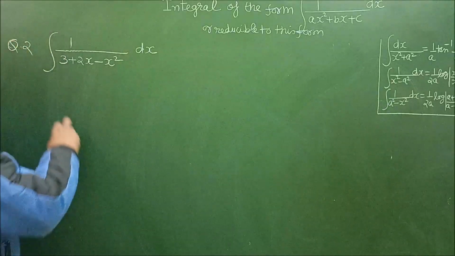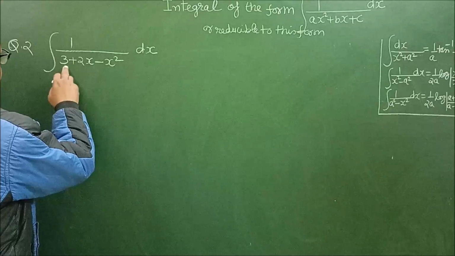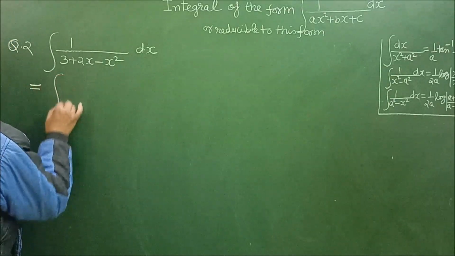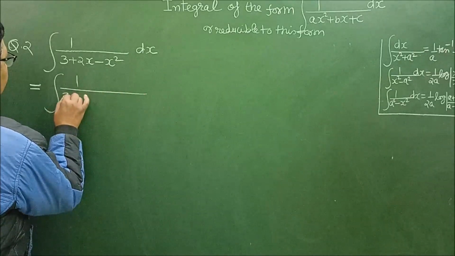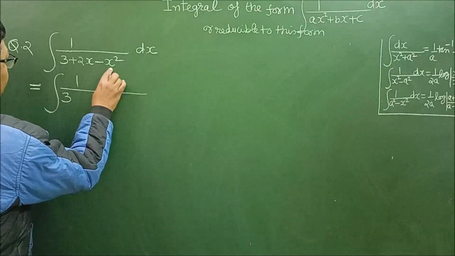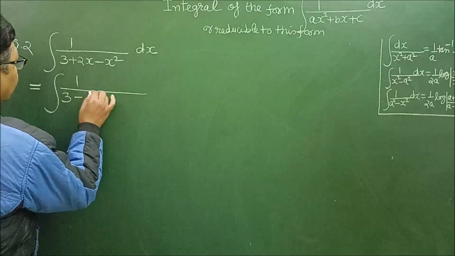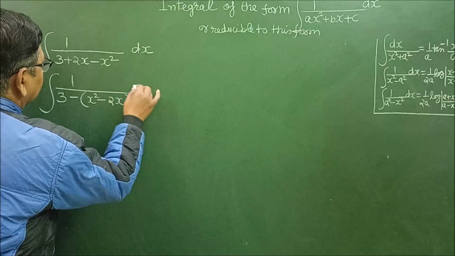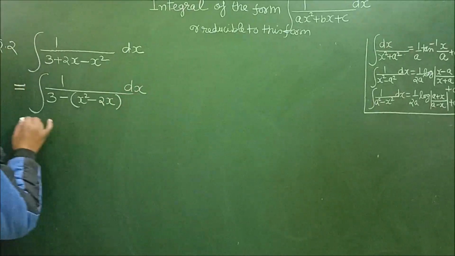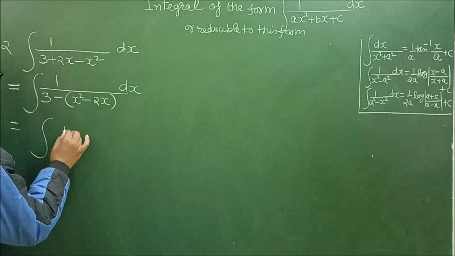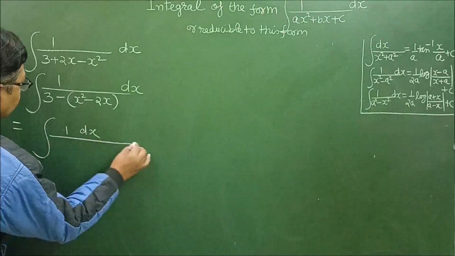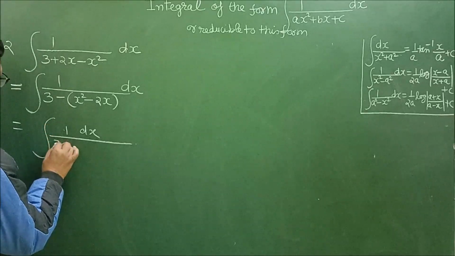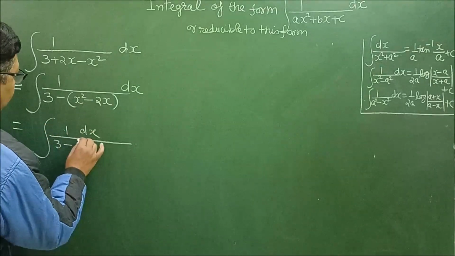Next question, integral of 1 upon 3 plus 2x minus x square dx. Now this is equal to 1 upon 3, and to make the x square term positive, take minus sign common, x square minus 2x, dx, which is equal to 1 upon 3 minus this x square minus 2x.